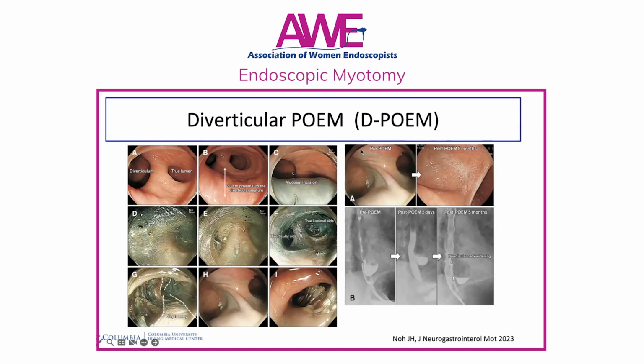And here you can see a very pronounced septum, and then post-POEM, 5 months later, a flattening of that septum and obliteration of the diverticulum itself. Certainly not a resumption of the natural lumen of the esophagus, but the resistance is decreased because there is no muscular component left. And you can see the corresponding esophagram changes with that.